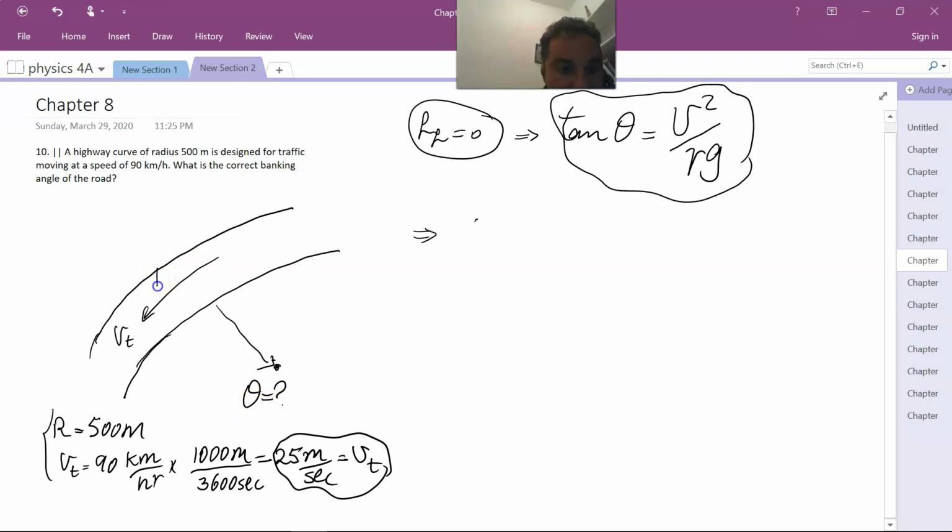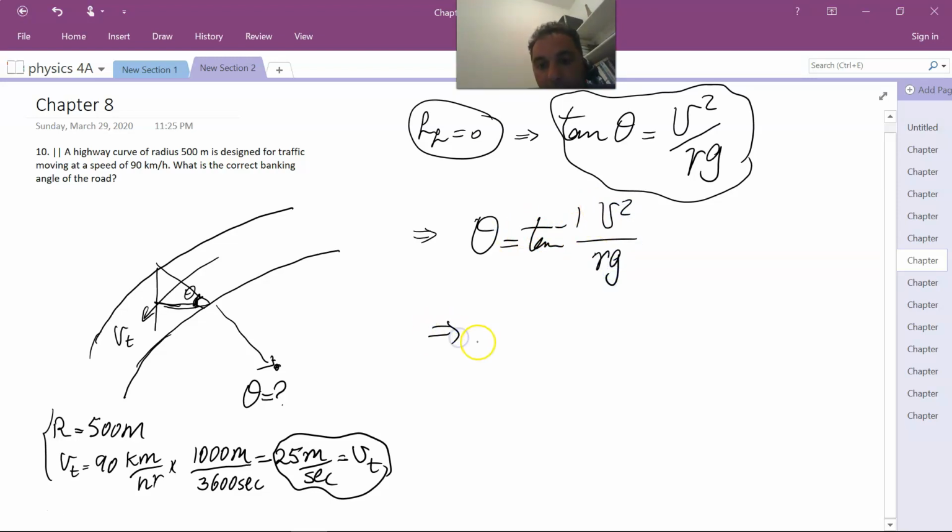What is this banked angle? What is that theta? So if I solve it for theta, theta becomes tangent inverse of v square over rg.